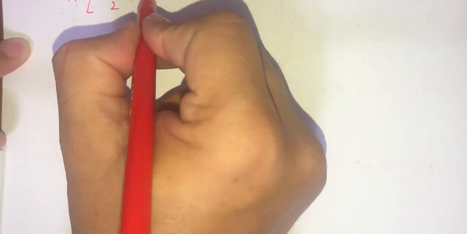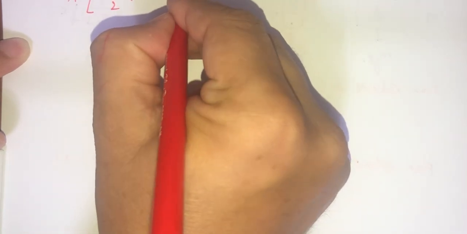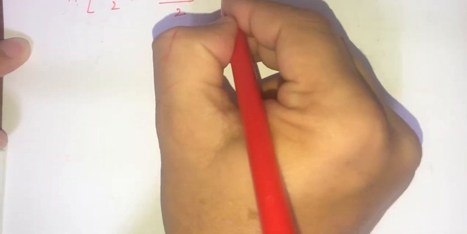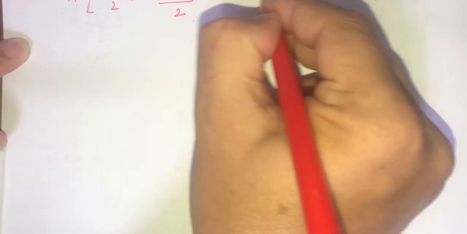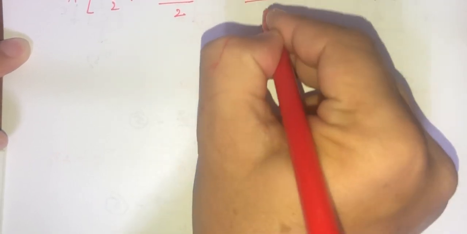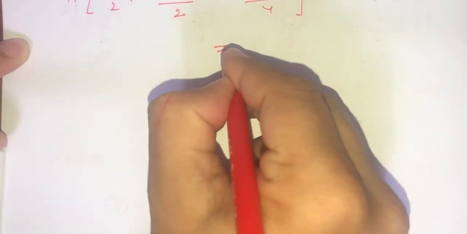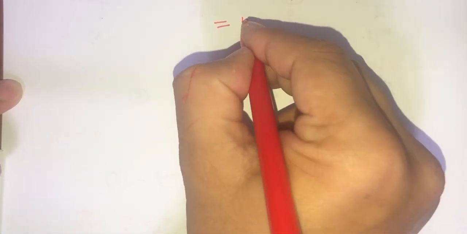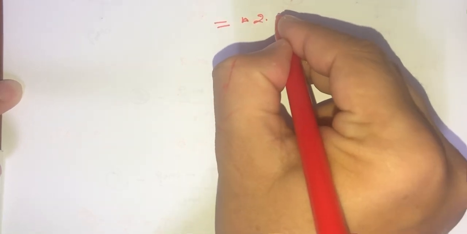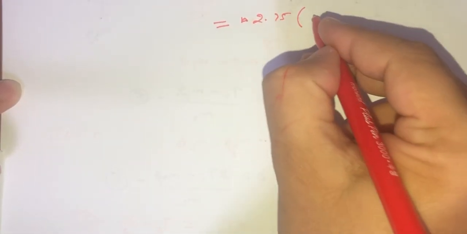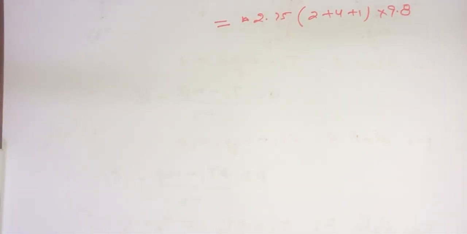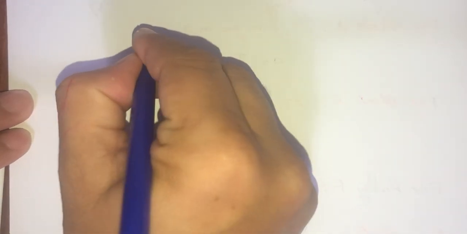Substituting all the values, we get 2 into 2.75 divided by 2 plus 8 into 2.75 divided by 4 is equal to, taking m3 g as common, so we get 2.75, and within the bracket will be 2 plus 4 plus 1 multiplied by 9.8, that's the value of g. So it's quite easy now.